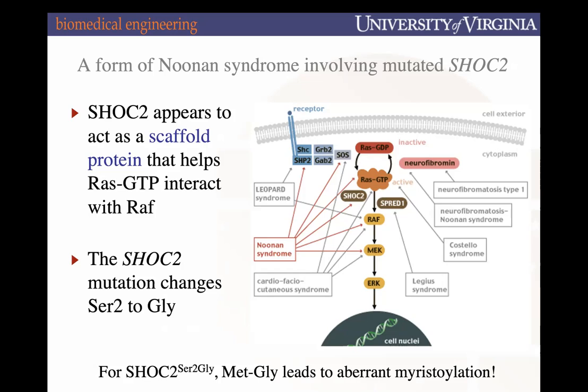And so the chronic activation of it is going to be tied to a lot of different outcomes here. And so that's the explanation of what happens in Noonan syndrome. There's this mutation in SHOC2 from a serine to glycine that makes it susceptible to a myristoylation event, and that myristoylation will tether it to the inner leaflet of the membrane, driving chronic activation of this signaling pathway.